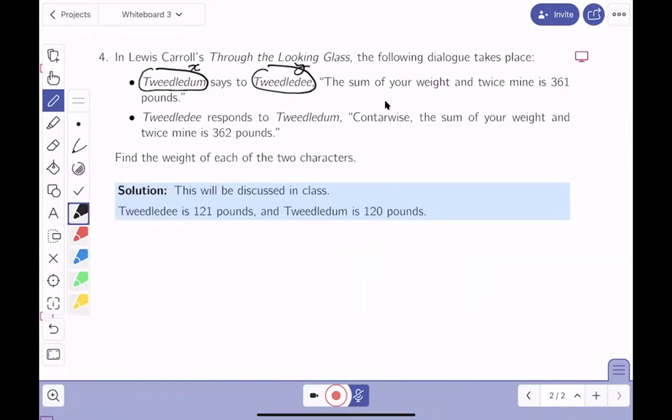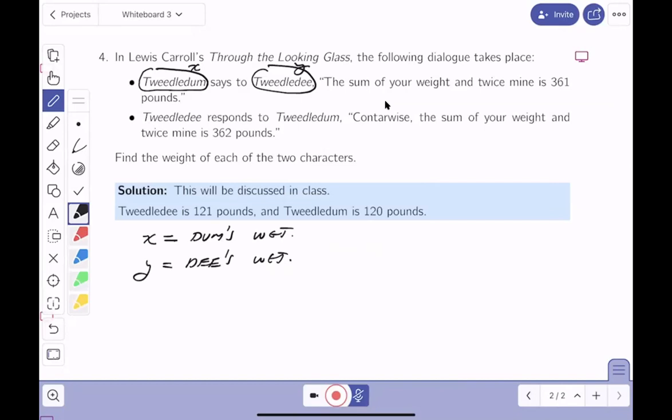We'll talk about that later, but it says the sum of your weights. Well, I guess it's going to be their weights. So what I'm going to do is put down X is Tweedledum's weight. I'm going to call him dumb. And Y, and Tweedledee, I'm going to call D. Okay, so let's read it.